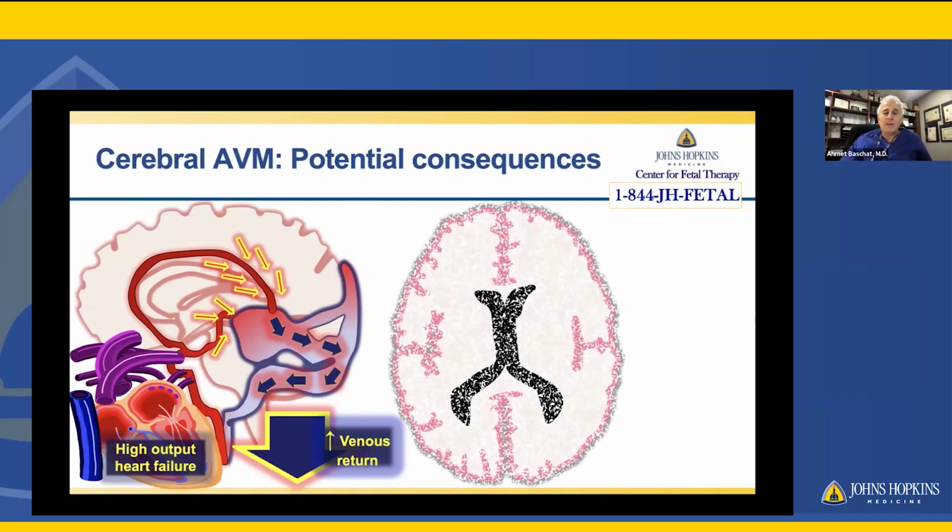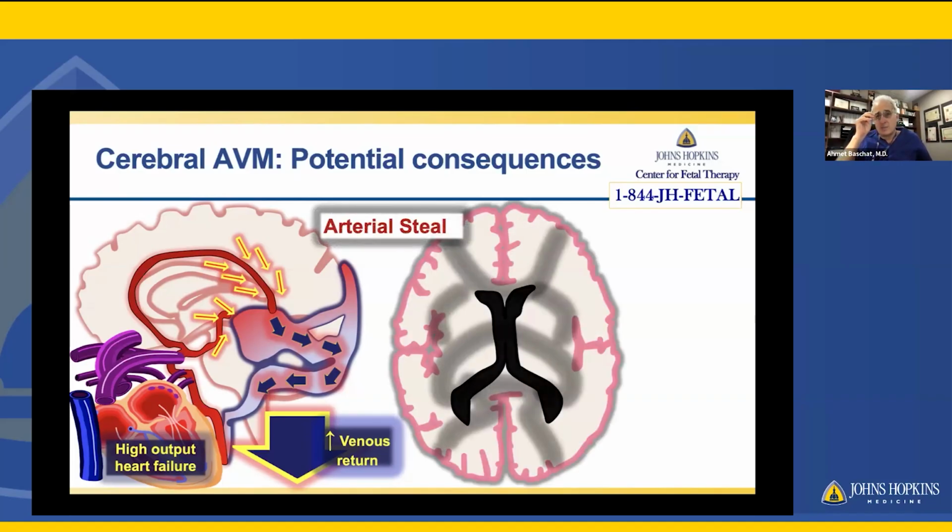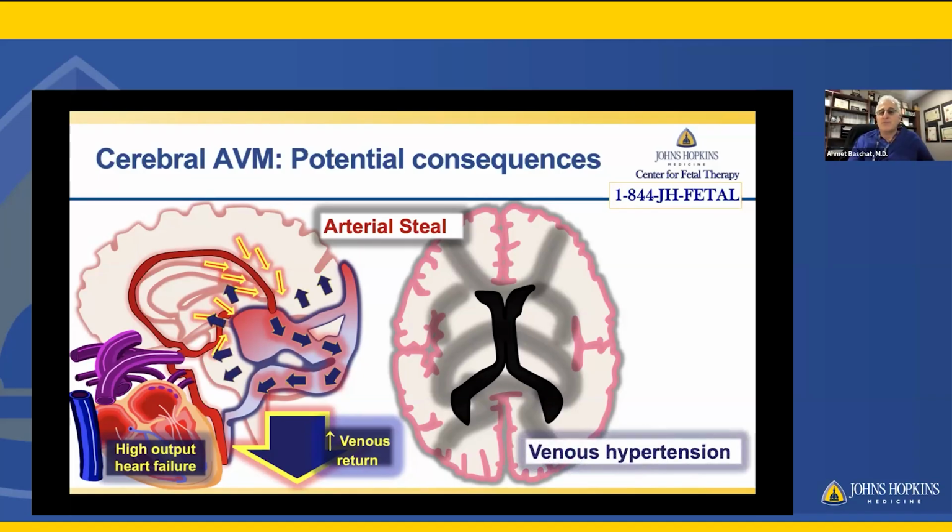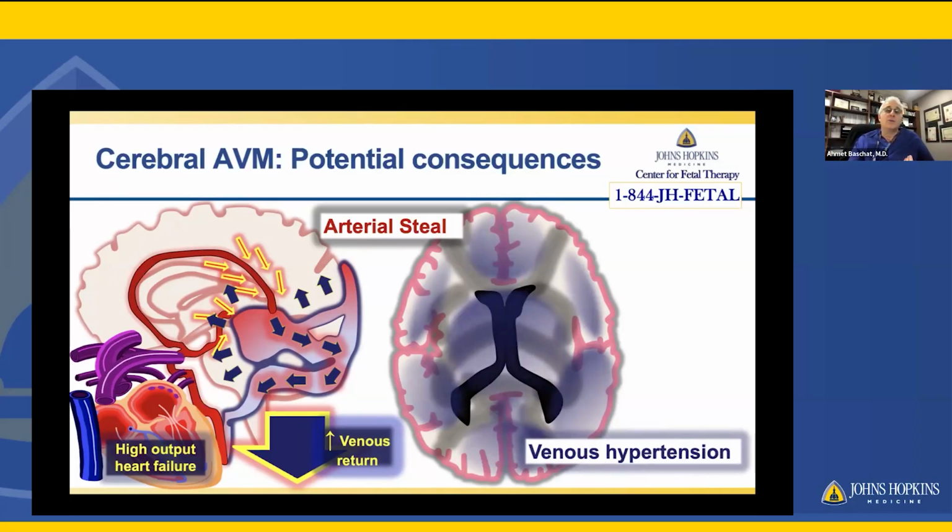The other thing that happens is that because there is preferential blood flow in the fistulous arterial connection, you actually get arterial steal from the brain parenchyma. And especially the areas that are part of the watershed areas in the arterial circulation are at risk for hypoperfusion. The increased venous pressure also predisposes to venous stasis in the microcirculation and accentuates the suboptimal cerebral perfusion.